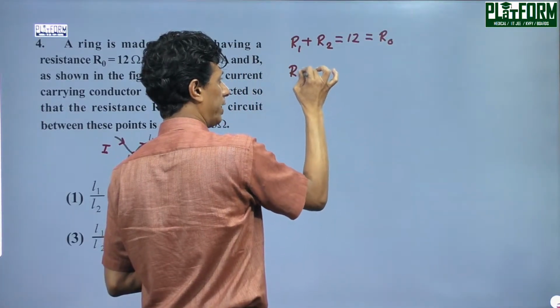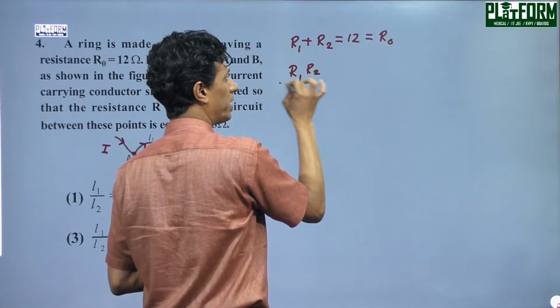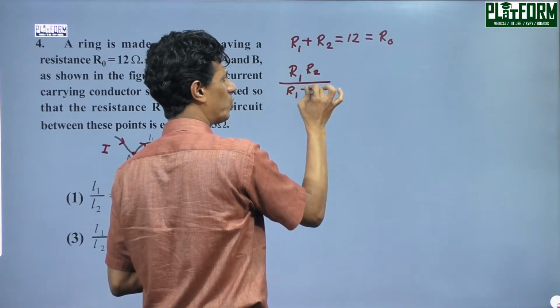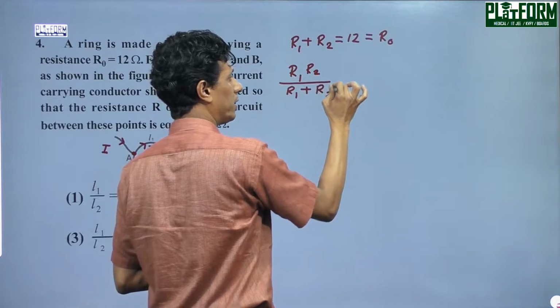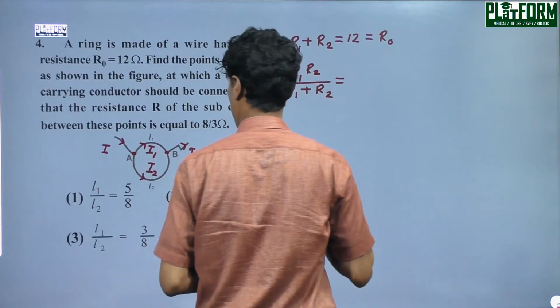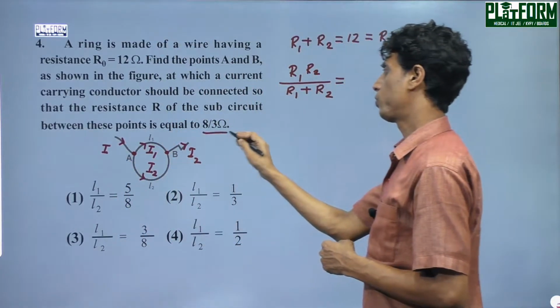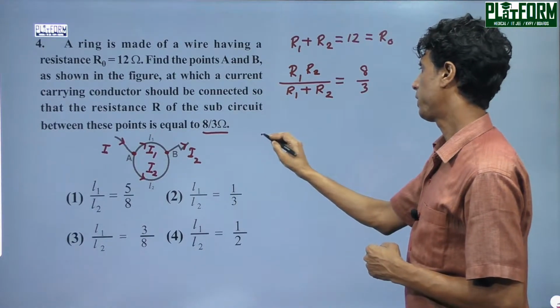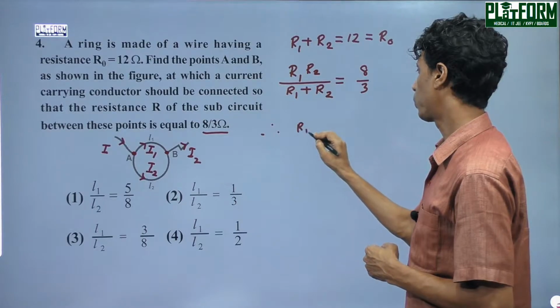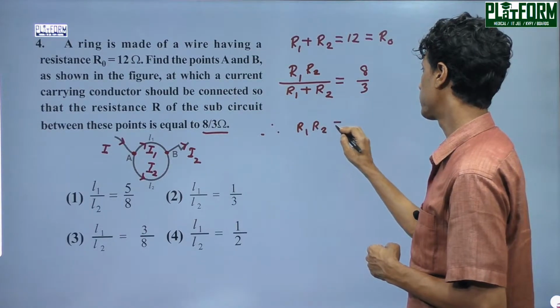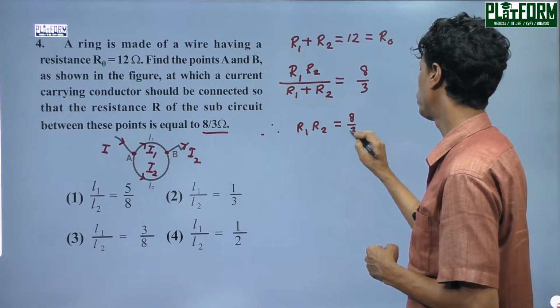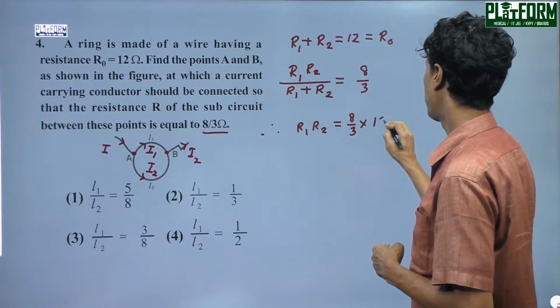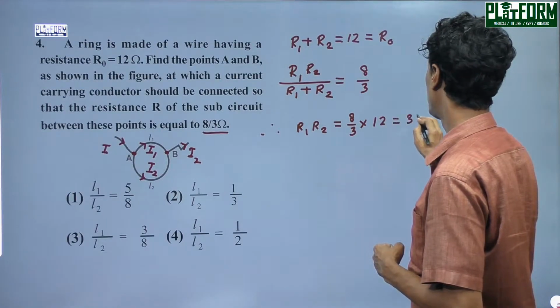And the equivalent R1 R2 by R1 plus R2 is given in the problem as 8 by 3, and by solving we can get R1 R2 equal to 8 by 3 into 12, that is 32 ohm.